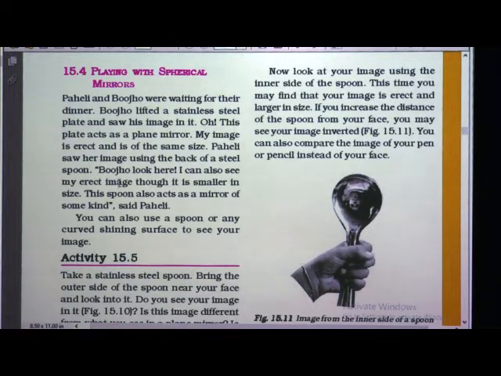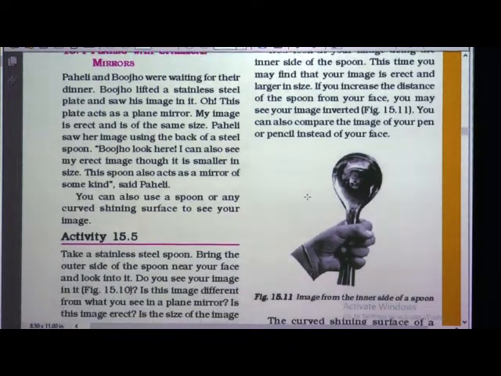She lifted a spoon made only of stainless steel and saw her image using the back of it. Here you can see this is the back of a spoon, the side with which we can't take up food.